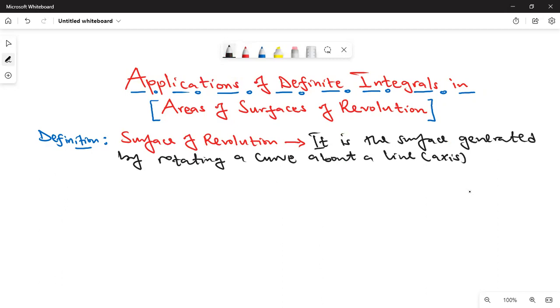So you write case one. Case one is rotation about the x-axis.